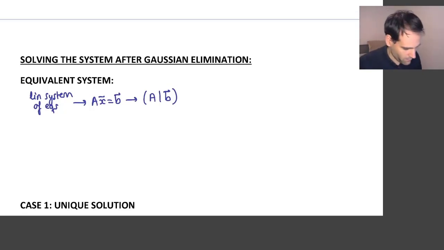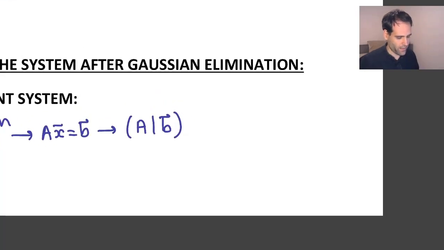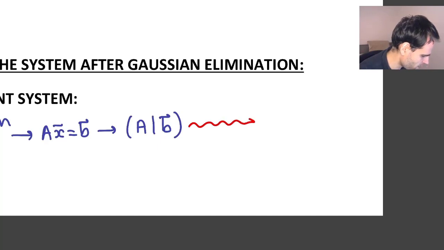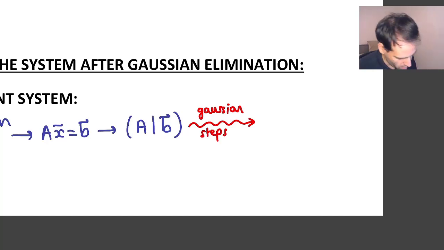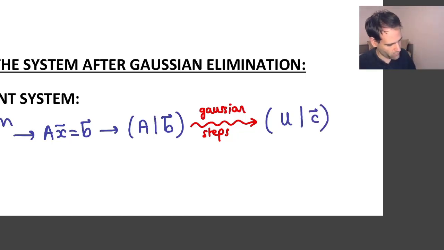But once we have this augmented matrix, which I write as A line b, we apply the Gaussian steps, which I will explain later. And we get this row echelon form augmented matrix U, C. So U is in row echelon form.